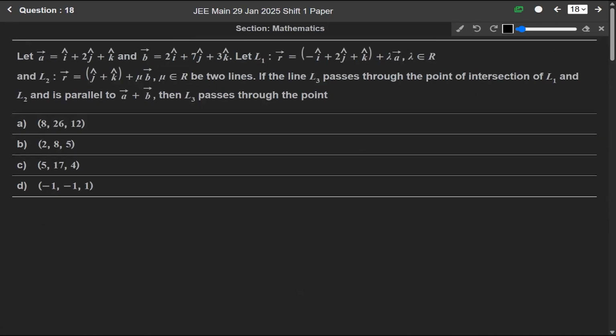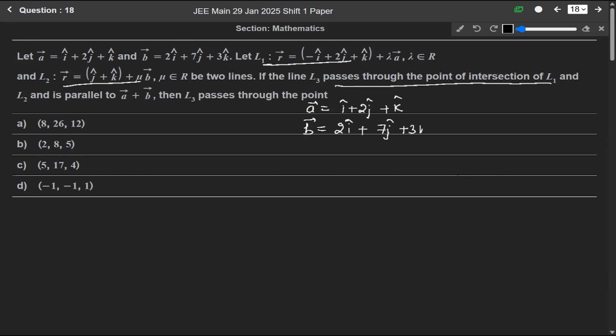Now question 18. We are given vector a, vector b and lines L1 and L2. If line L3 passes through the point of intersection of L1 and L2 and is parallel to vector a plus vector b, then L3 passes through the point. We are given vector a as i cap plus 2j cap plus k cap, vector b as 2i cap plus 7j cap plus 3k cap.